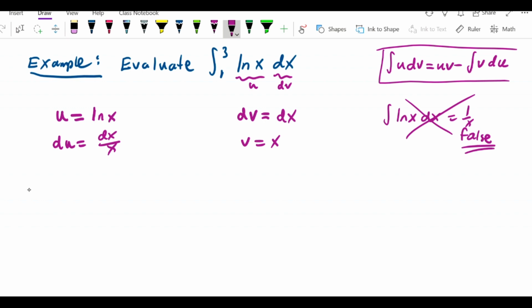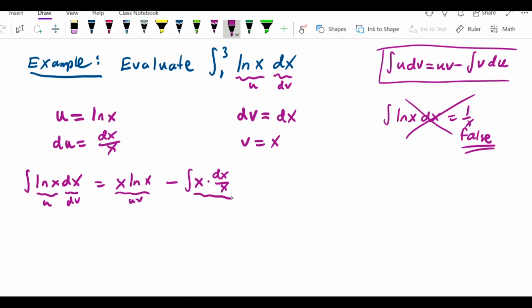So we can now say that the antiderivative of ln x dx, that's just u and dv, is equal to x ln x minus the antiderivative of x times dx over x. So this is uv, and this is the integral of v du.